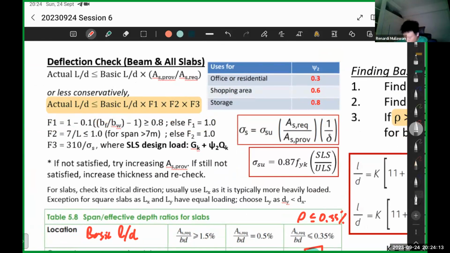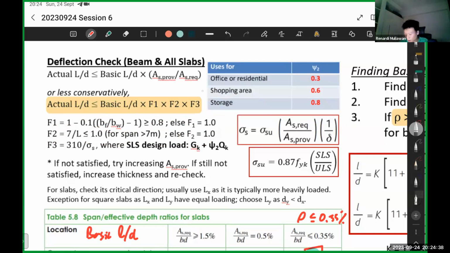F1 is basically a factor that accounts for the shape of the beam, like a T-beam or a rectangular beam. The second factor accounts for the span. For spans bigger than 7 meters, you need to plug into this formula, or else F2 equals 1. So F1 and F2 are pretty straightforward.